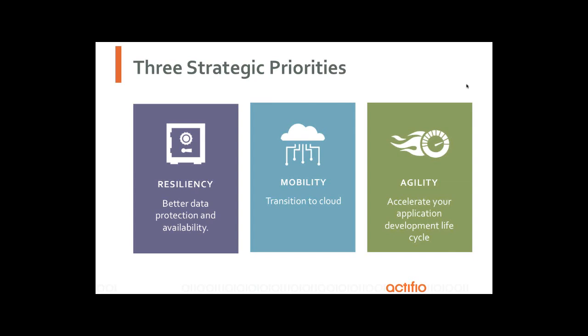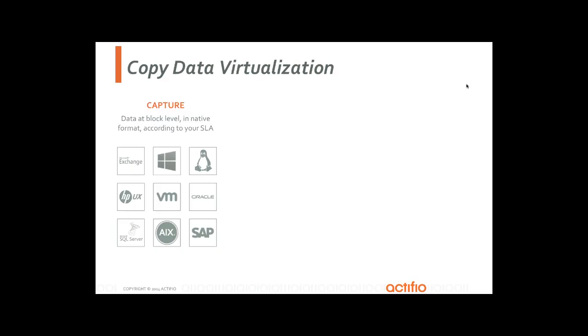And we are going to focus today primarily on mobility and agility use cases. So what is copy data virtualization? What Actifio does is it does an awesome job in capturing the data at a block level. It doesn't matter what the source is, could be databases, physical servers or virtual machines, various operating system flavors. It does an incremental forever capture of the data. It only captures the changed blocks.